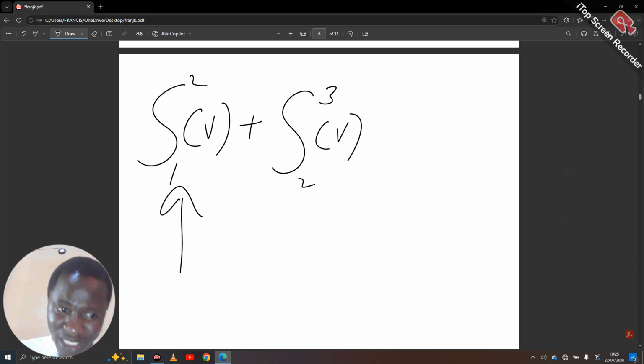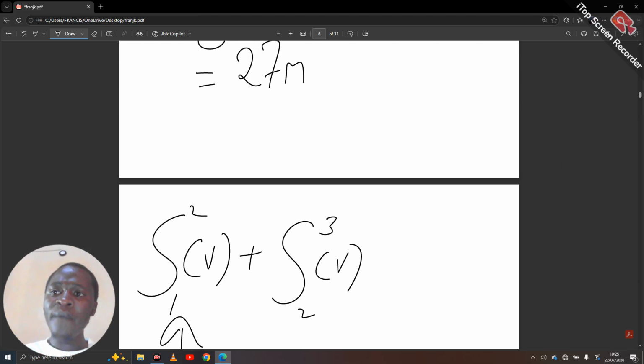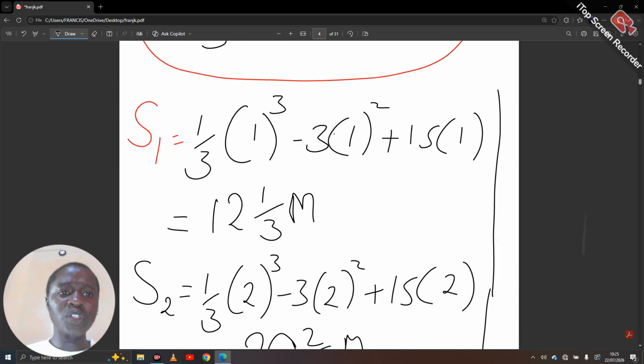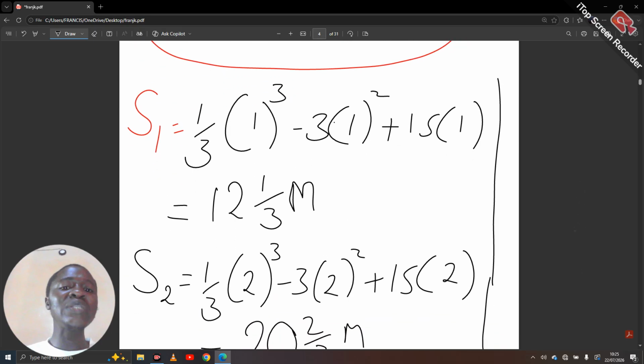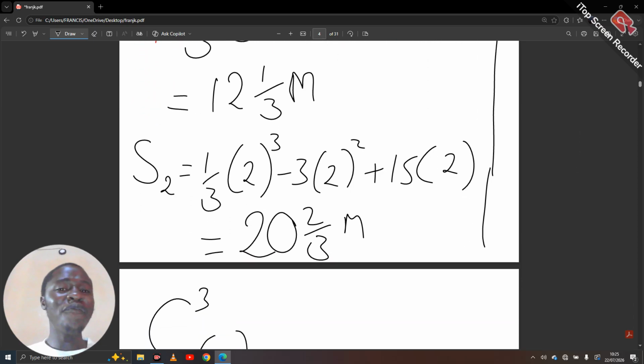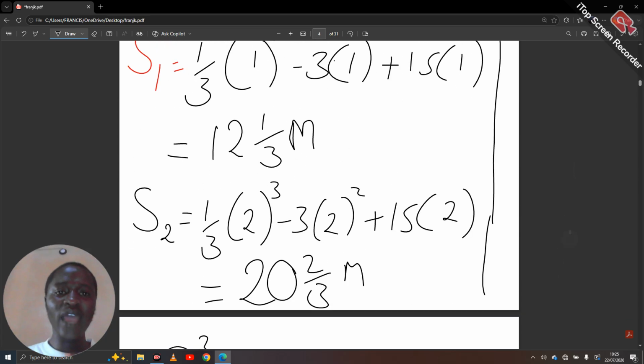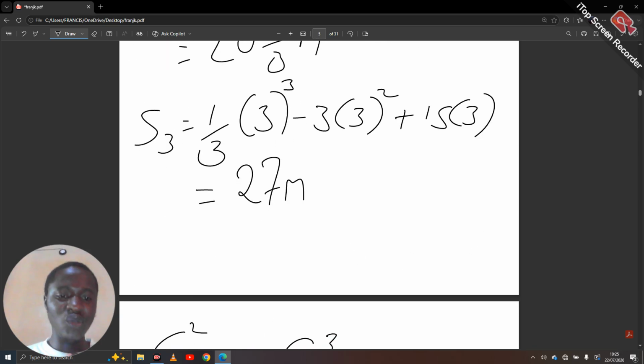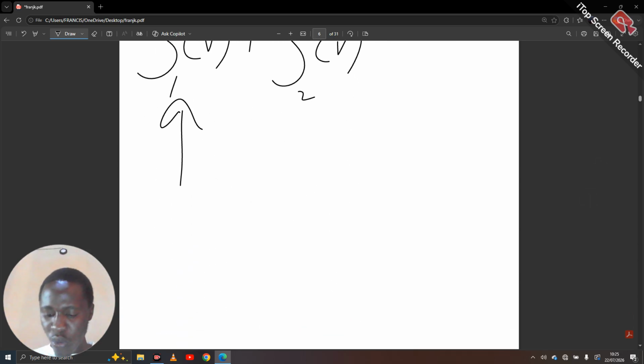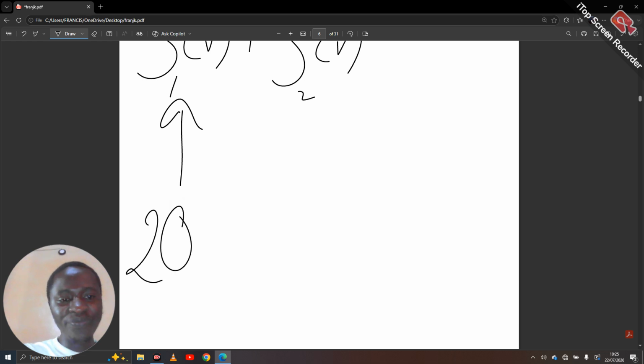Now, at this very first integrated velocity, that is 1 to 2, we had what? At S1, we had 12 and a third. At S2, we have 20 and 2 over 3. So we are getting the difference: 20 and 2 thirds minus 12 and a third.